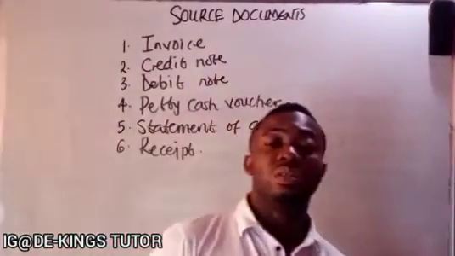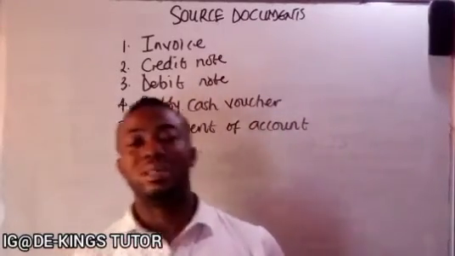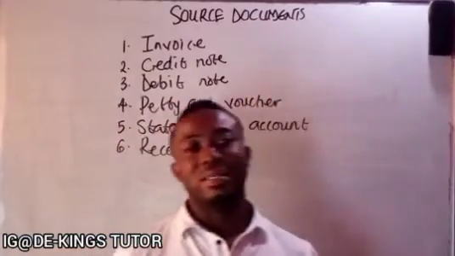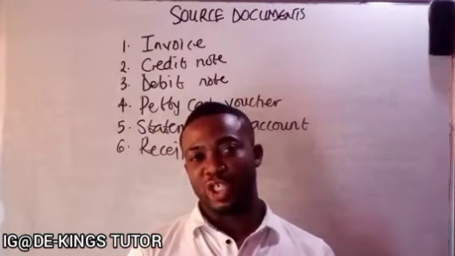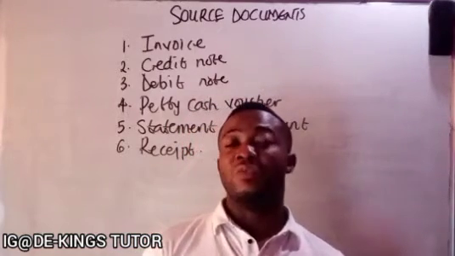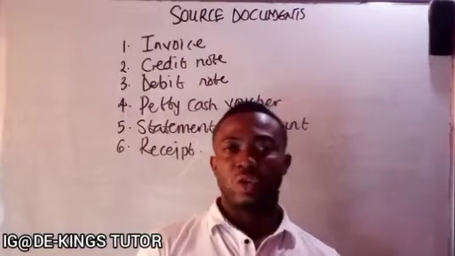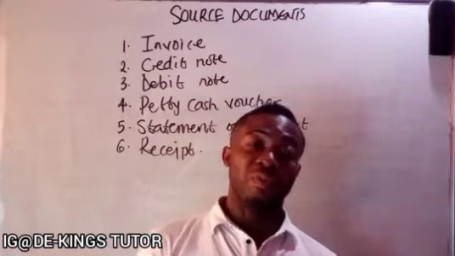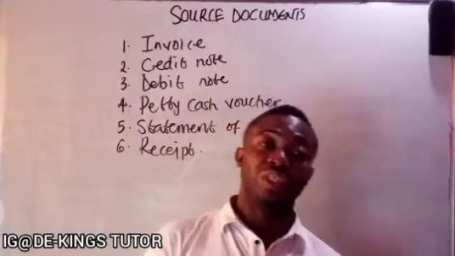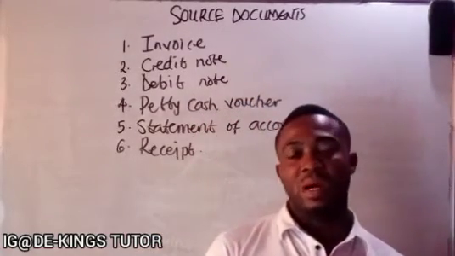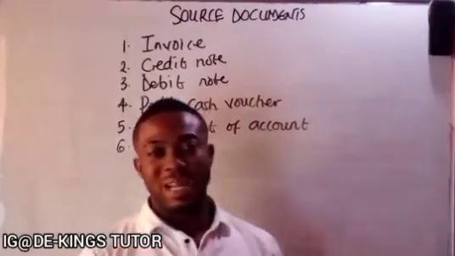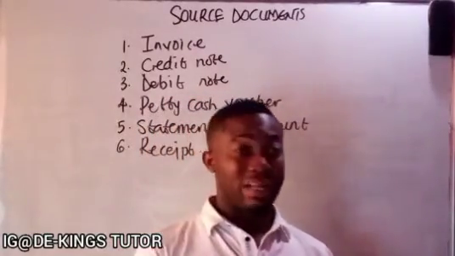The credit note is a document that is sent by the supplier to the buyer to correct an overcharge on the buyer, based on the fact that some goods that were previously bought have been returned, probably because of defects or spoilage of those goods.